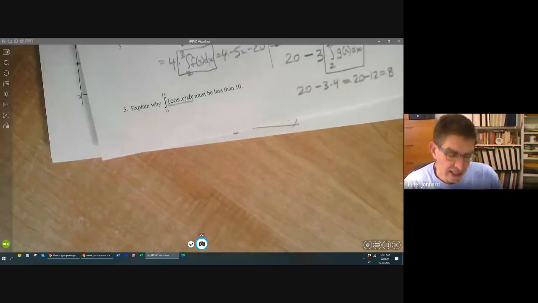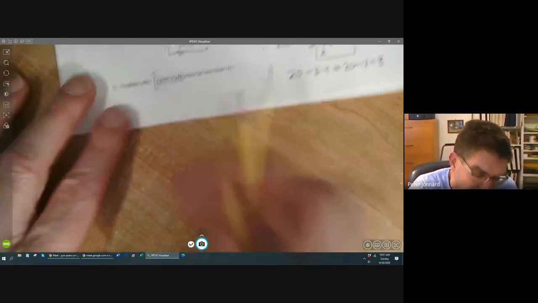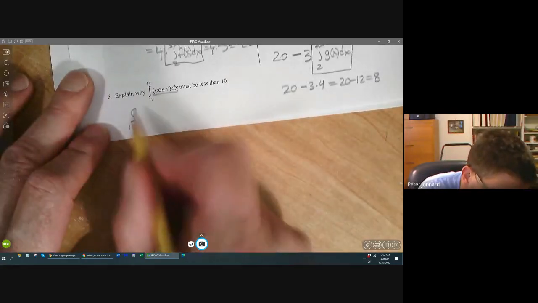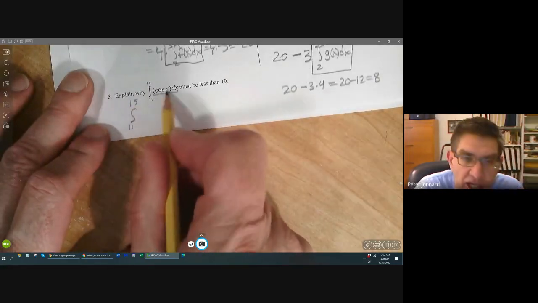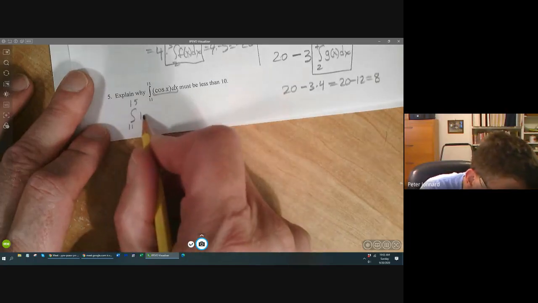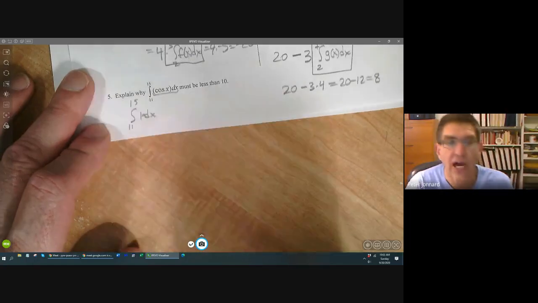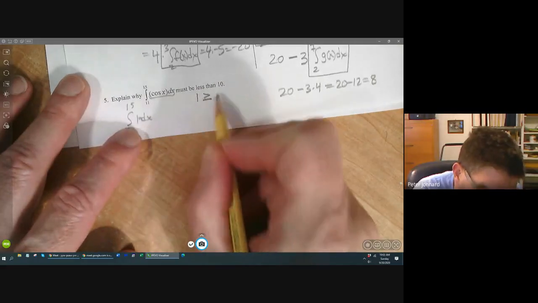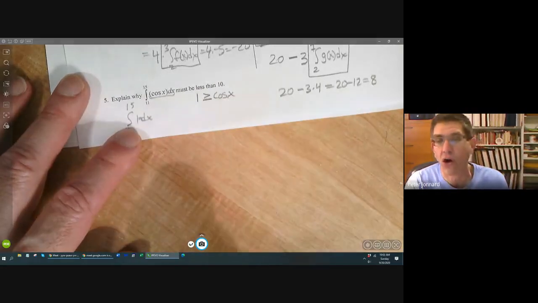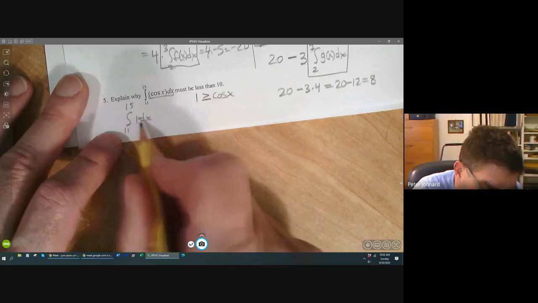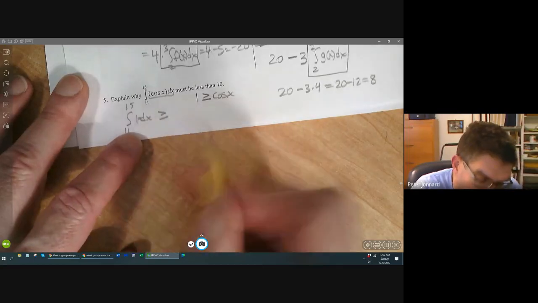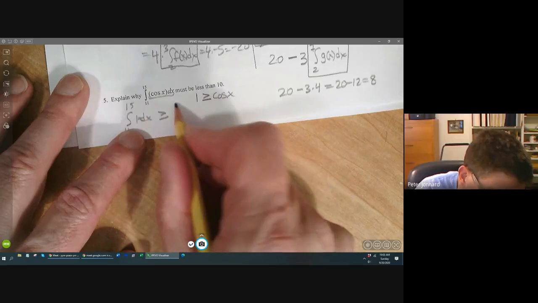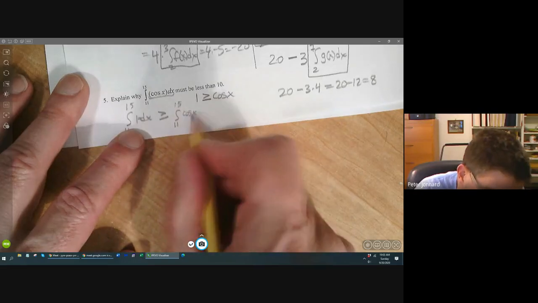So we can create a dominant function: the integral from 11 to 15 of, instead of cosine of x, let's just say 1 dx. That's our dominant function. Since 1 is always greater than or equal to the cosine of x for all x, this function's integral must be greater than or equal to the integral from 11 to 15 of cosine of x dx.